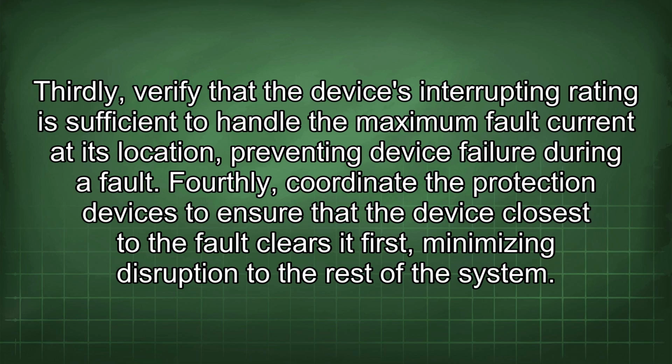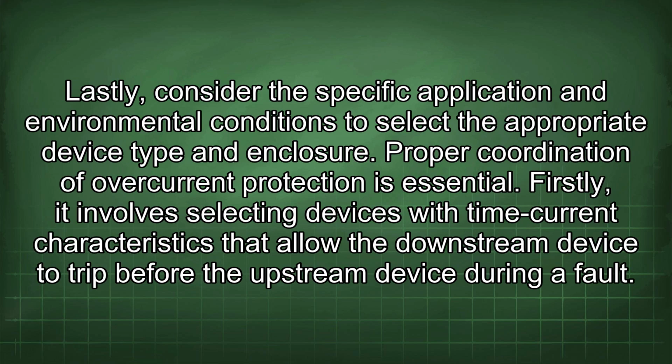Fourthly, coordinate the protection devices to ensure that the device closest to the fault clears it first, minimizing disruption to the rest of the system. Lastly, consider the specific application and environmental conditions to select the appropriate device type and enclosure. Proper coordination of overcurrent protection is essential.